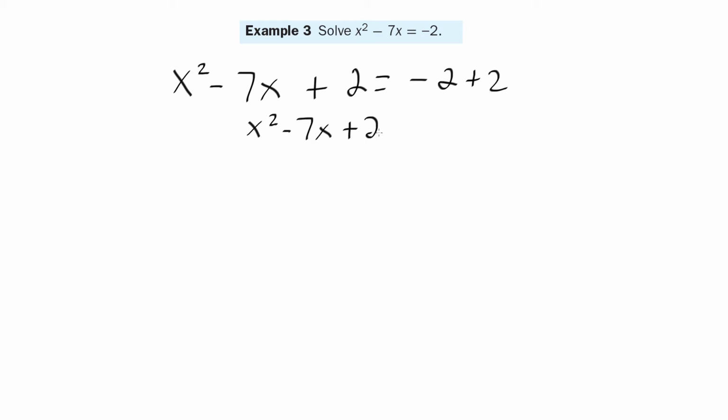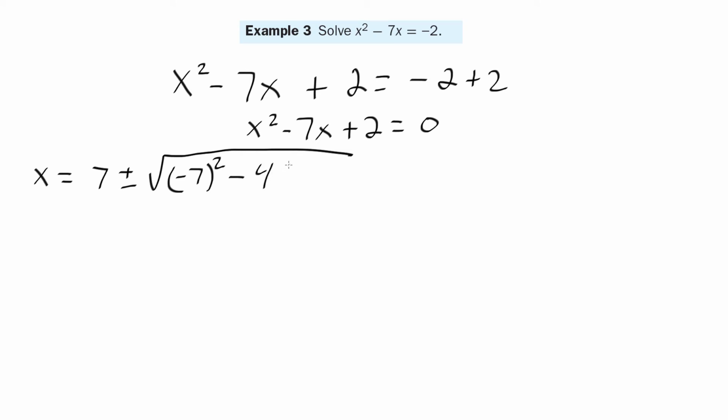I've now set the equation equal to 0, and I can work forward from this to solve it using the quadratic formula, which tells me that x is equal to the opposite of b, and this is going to be a negative 7, so it's going to be 7 plus or minus the square root of a negative 7 squared minus 4 times AC.